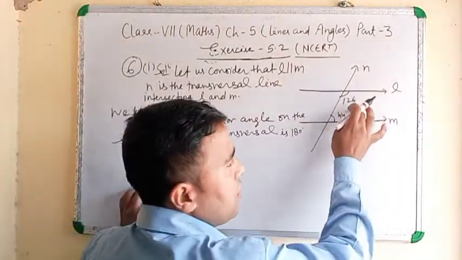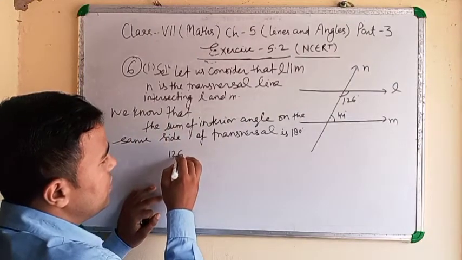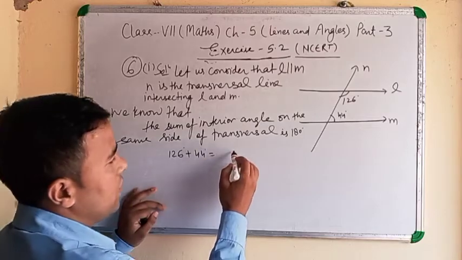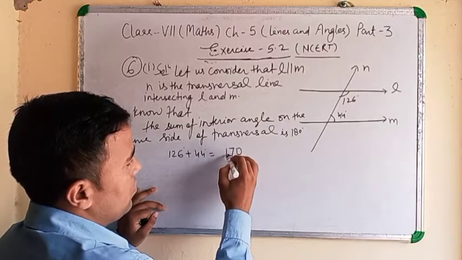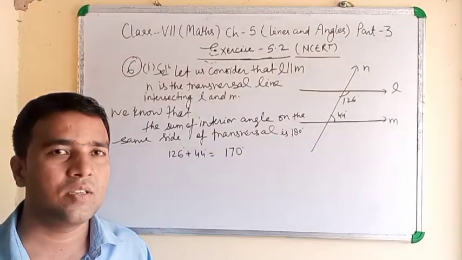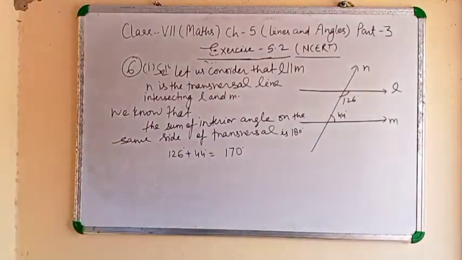See here, interior angles given are 126 degree plus 44 degree. When you add, what will you get? 170 degree. It is not equal to 180.